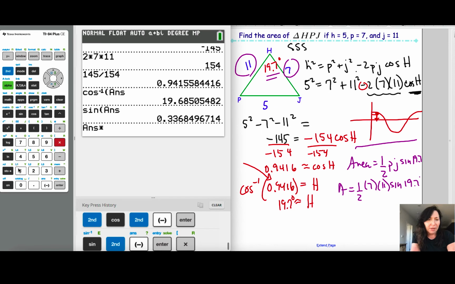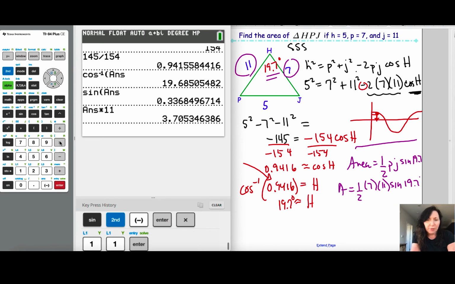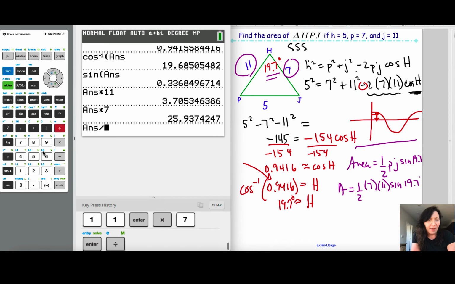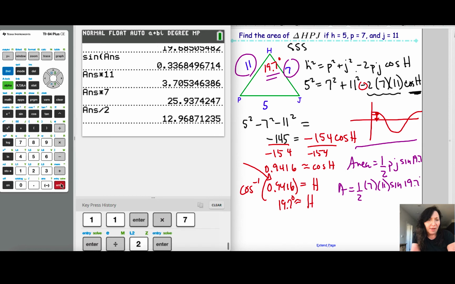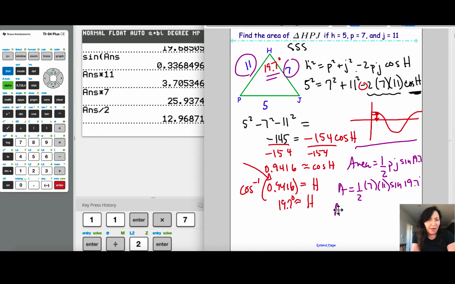Times 11 equals, I'm going to go times 7 equals, and then I'm going to go divided by 2. And that value is 12.96, so about 13, almost about 13. So my area for this triangle is approximately 13 units squared.